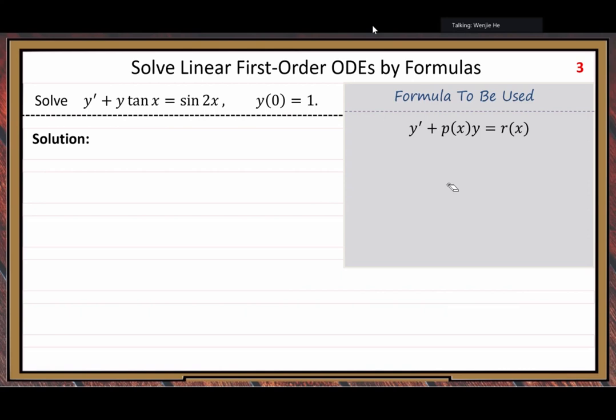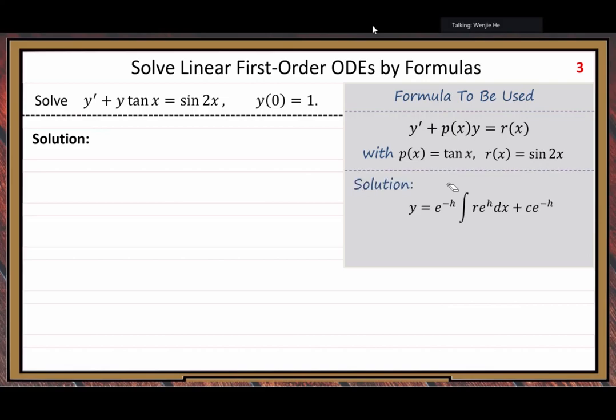This is non-homogeneous because our function r is non-zero, so it is a non-homogeneous first order linear ODE. And we need to find an integrating factor, from the p function.